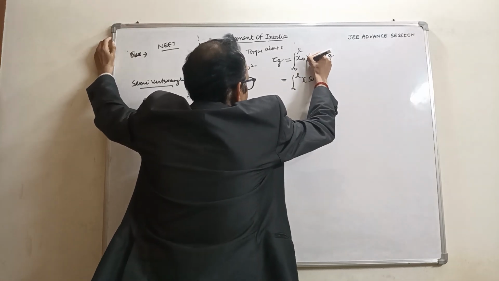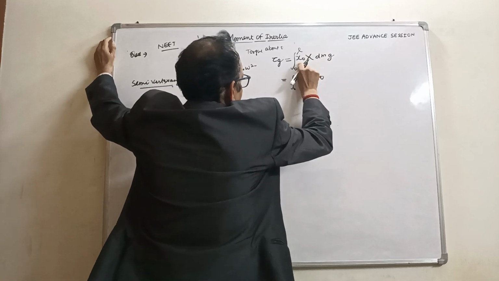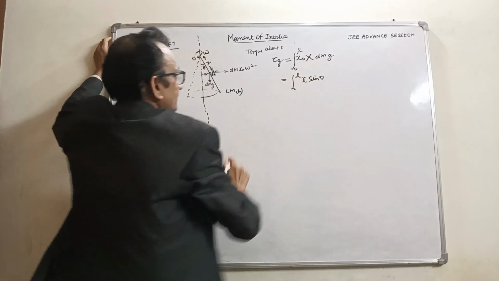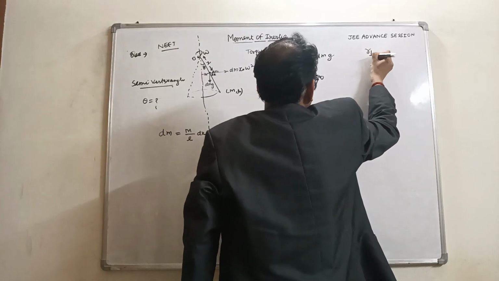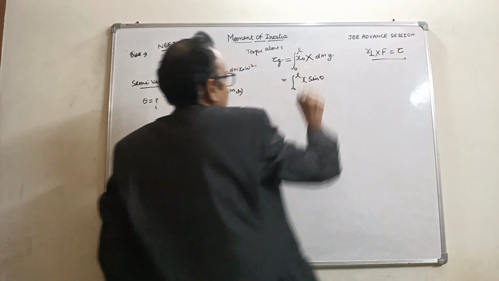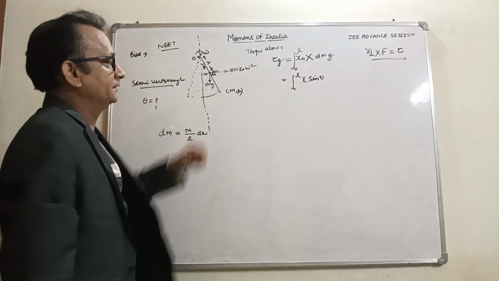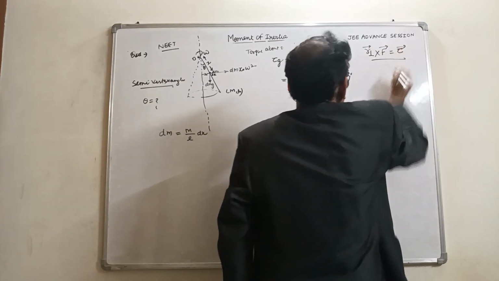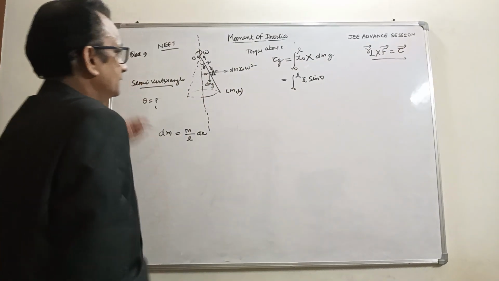This is the sign of multiplication. Perpendicular distance into force, or perpendicular into force, would be torque. This is a vector quantity: r vector cross F vector is torque.